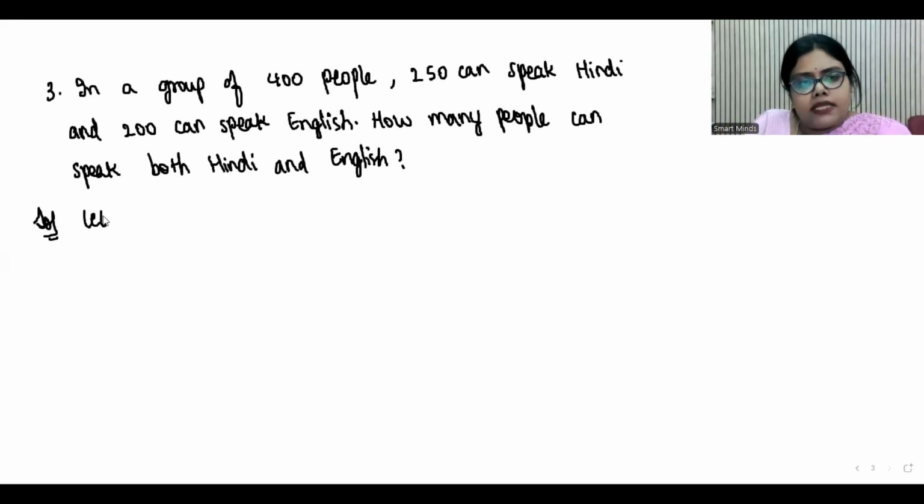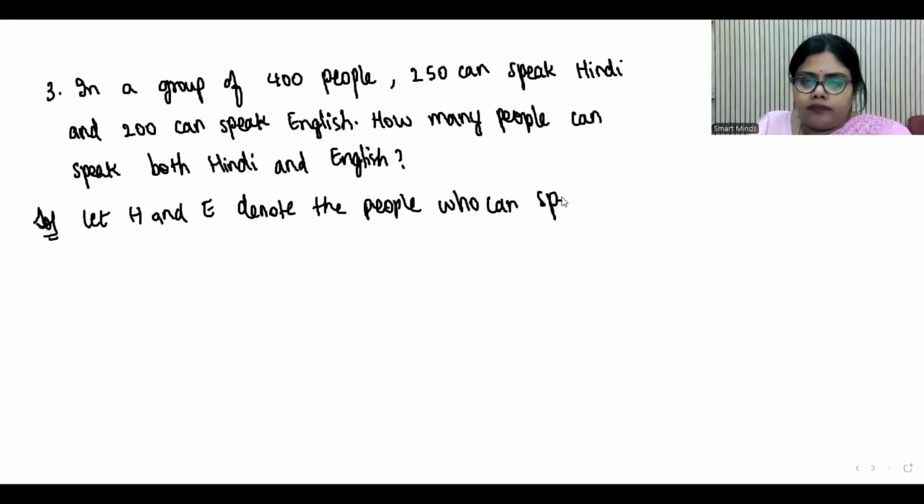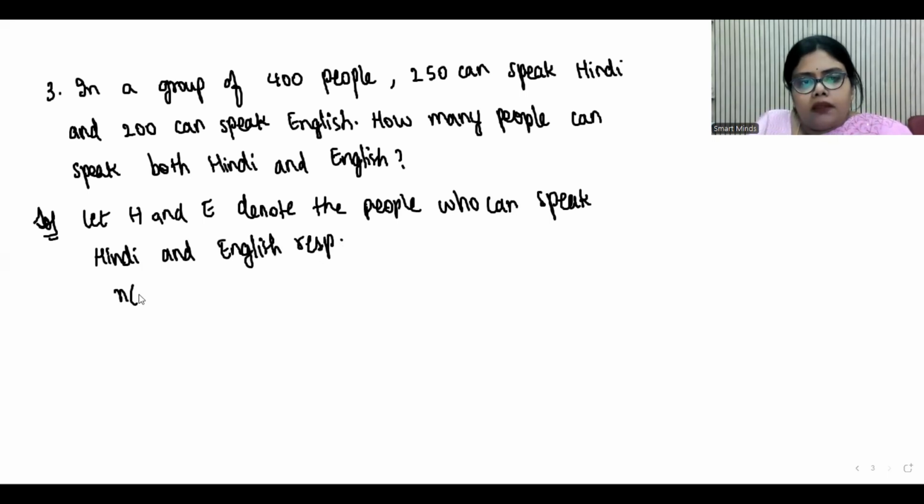So let us say H and E denote the people who can speak Hindi and English respectively. Now n of H is 250.